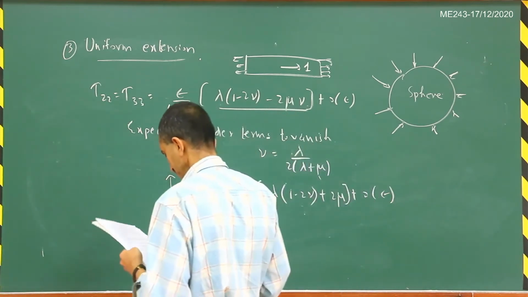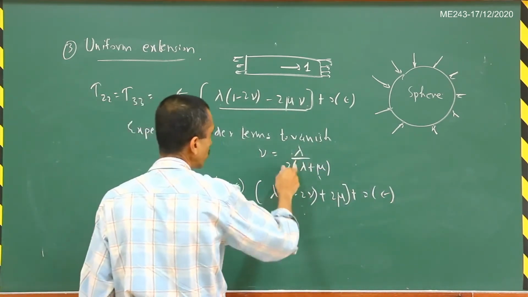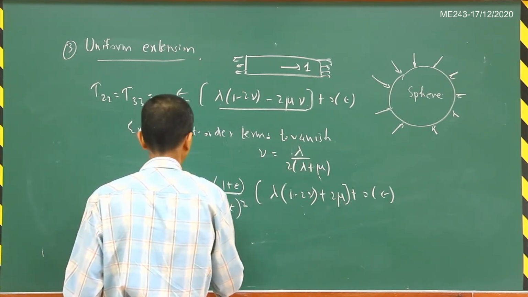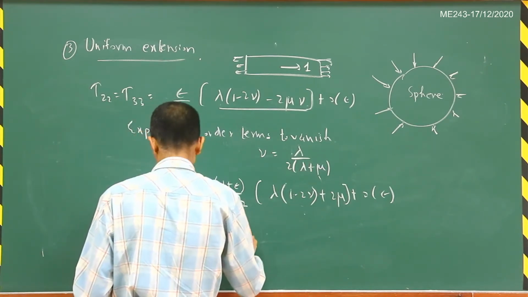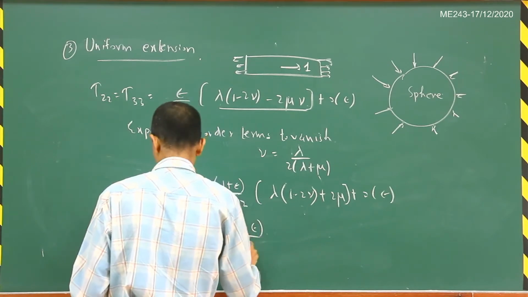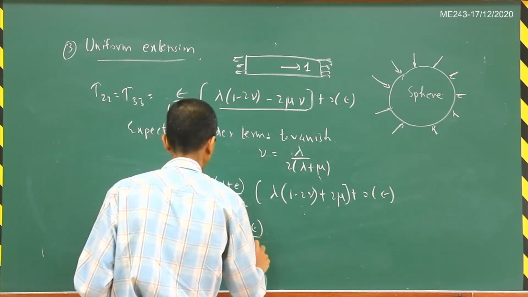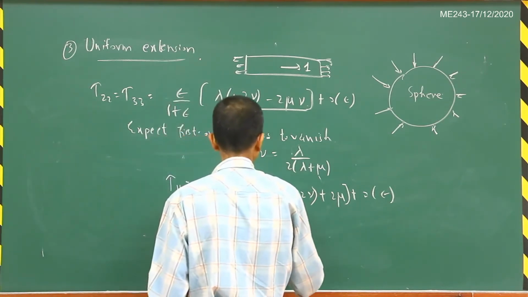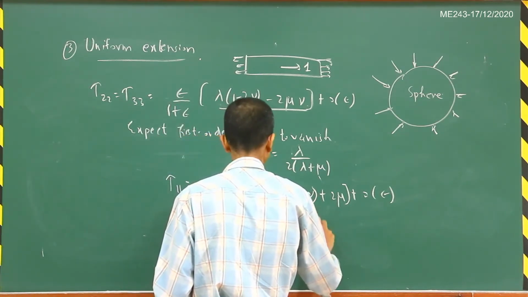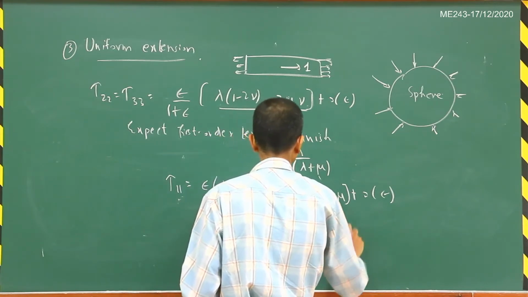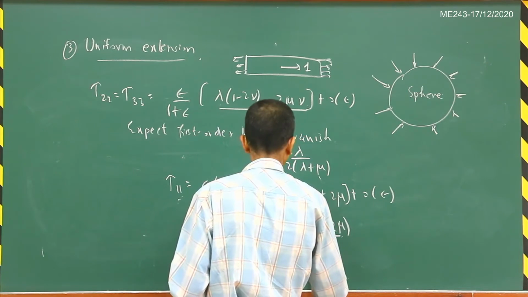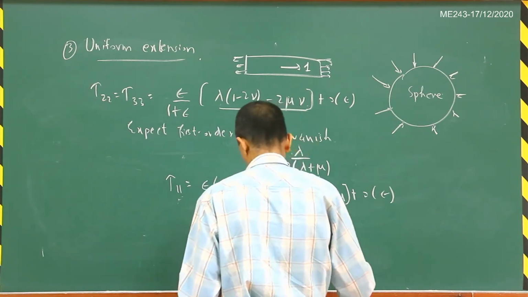And if you now substitute for nu into this expression, then you will get that this is equal to epsilon into 1 plus epsilon divided by 1 minus nu epsilon square times mu times 3 lambda plus 2 mu divided by lambda plus mu, right? Plus order epsilon.